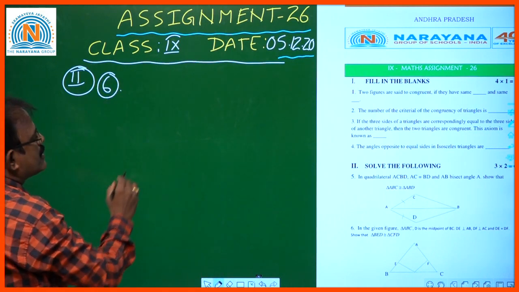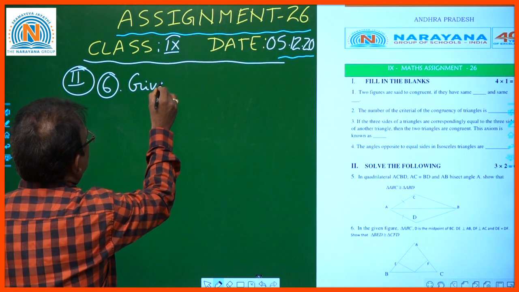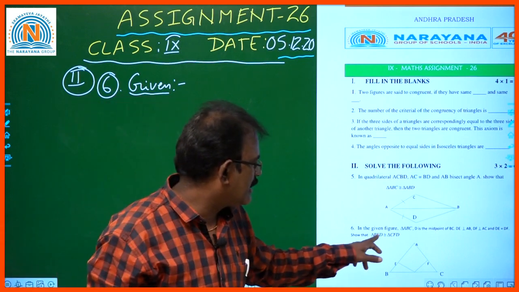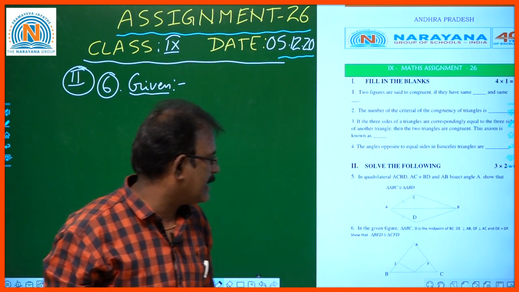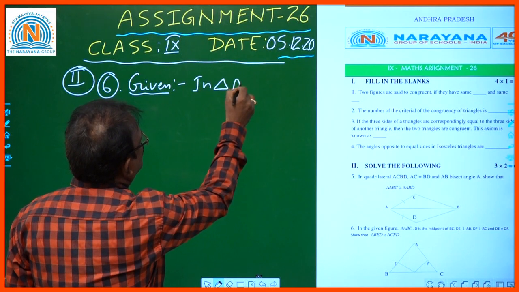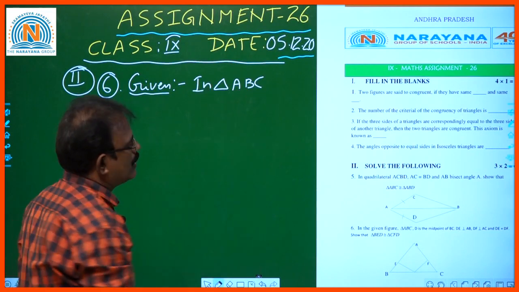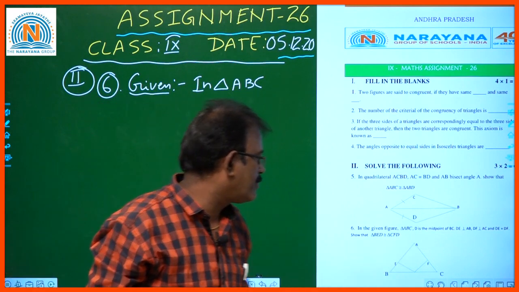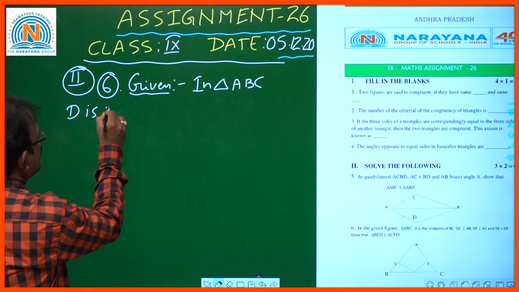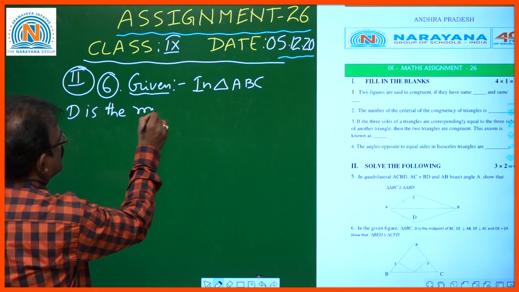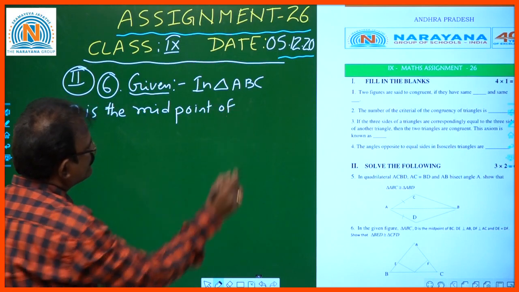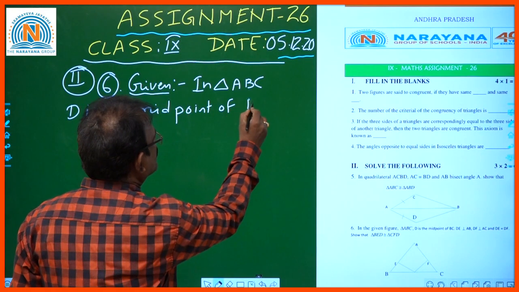Question number 6. So here, what is given? In the given figure, in triangle ABC, D is the midpoint of BC.